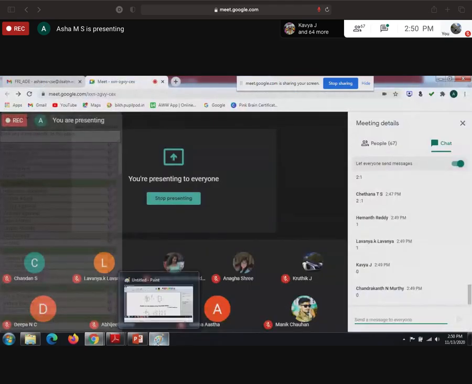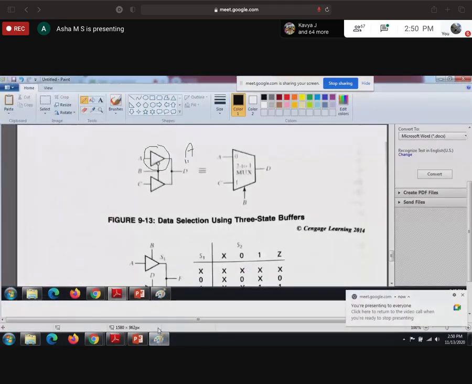Don't use the same technique we used for the mux. The overall circuit looks like a mux, but it doesn't work exactly like a mux based on a select or control line. If the buffer wants to become enabled, the enable input will be 1. So here I have an inverter. Because of this inverter, I should give the value for B as 0.